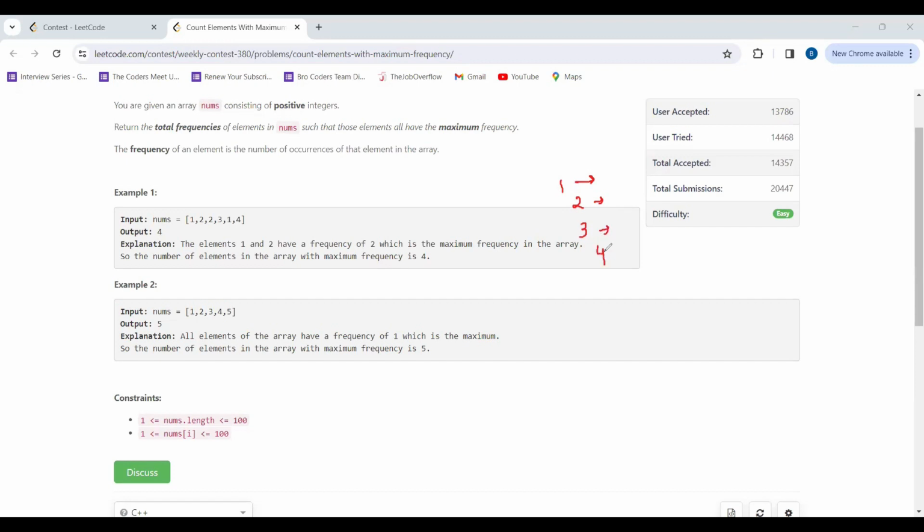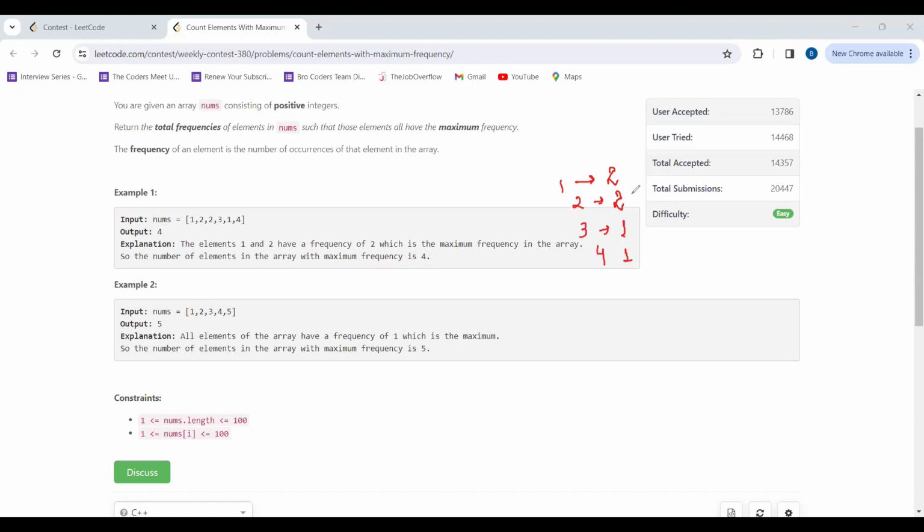Okay. The element 1 has frequency 2, element 2 also has frequency 2, 3 has frequency 1, 4 has frequency 1.